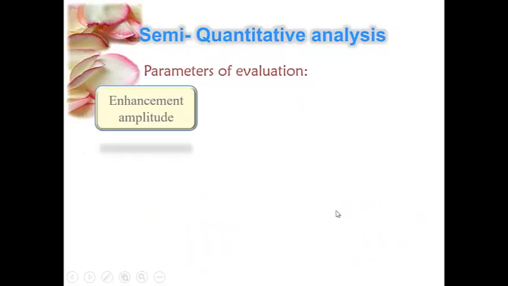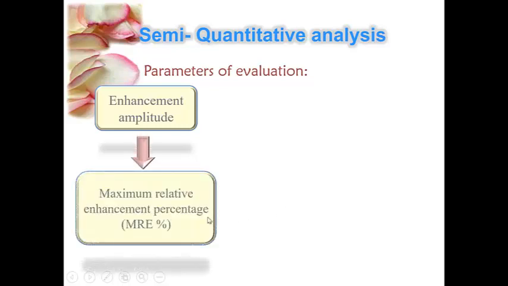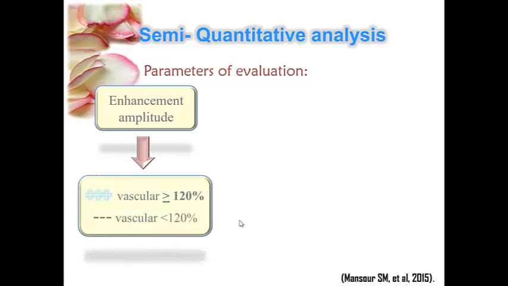And here we have the parameters of evaluation: the enhancement amplitude, the maximum relative enhancement percent, and all this is written in the table of measurements. This was done by Dr. Sahar Mansour in 2015.